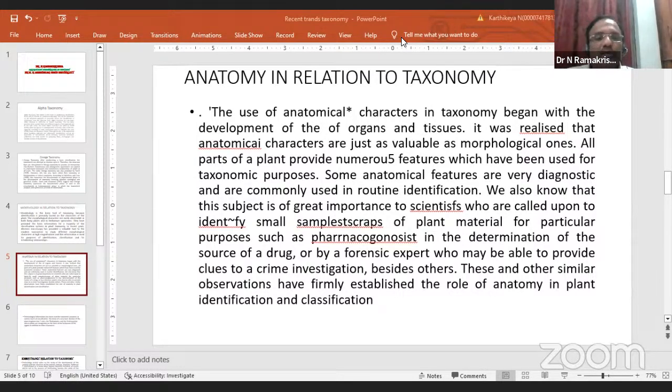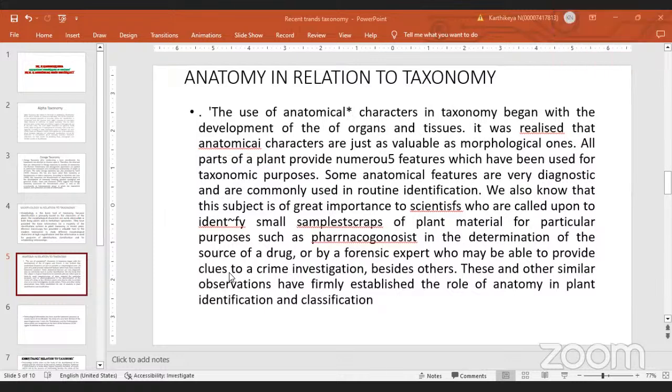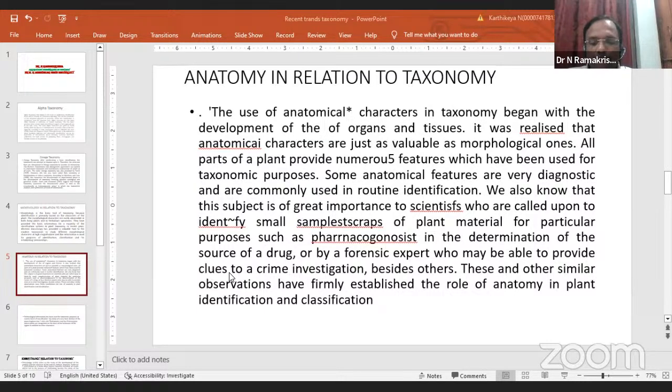So we call this chemotaxonomy. Is chemotaxonomy okay now? Understand, all of you, chemotaxonomy, for the short question purpose.